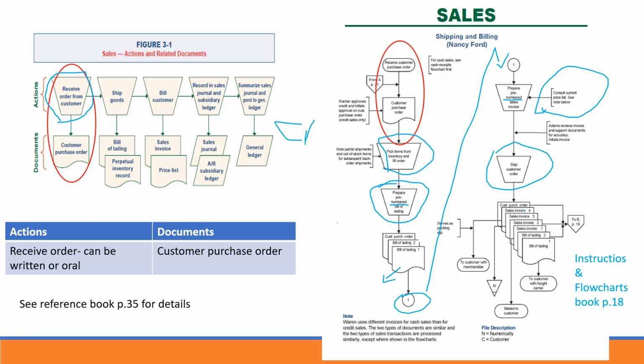And then the sales invoice, we're going to have 4 copies of the sales invoice. One goes to the customer, and one goes to the storage, and one is mailed to the customer in case they want to verify. And another sales invoice goes to page number 19 to B, which is the next cycle.